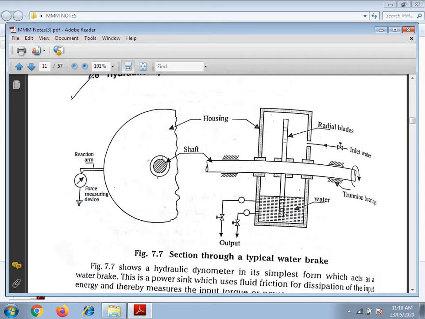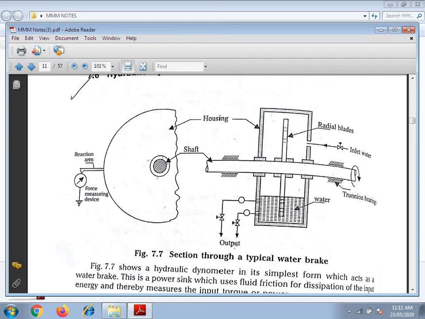This type of dynamometer may be made in considerably larger capacities than the simple Prony brake, because the heat generation can be easily removed by circulating water into and out of the housing. So heat generation will be reduced.